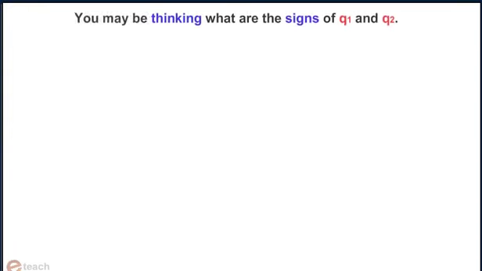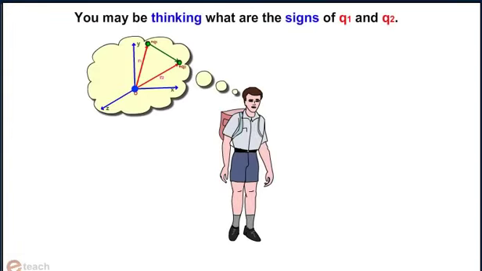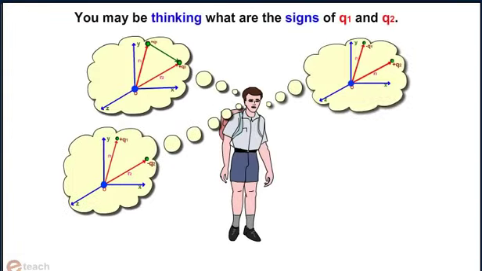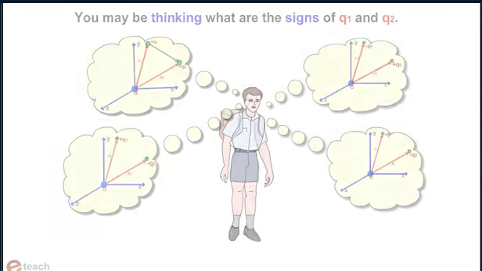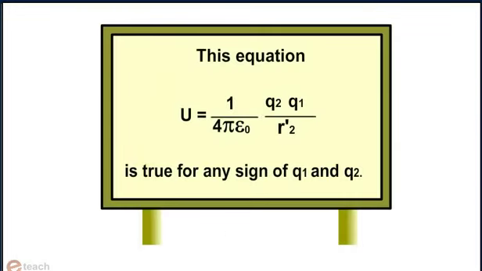You may be thinking, what are the signs of q1 and q2? But let me tell you that this equation U equals 1 by 4 pi epsilon naught q2 q1 by r'2 is true for any sign of q1 and q2.